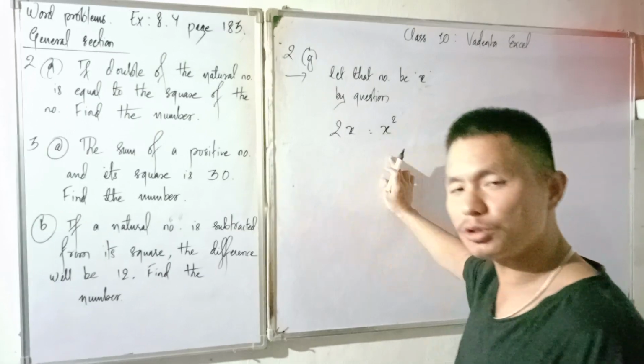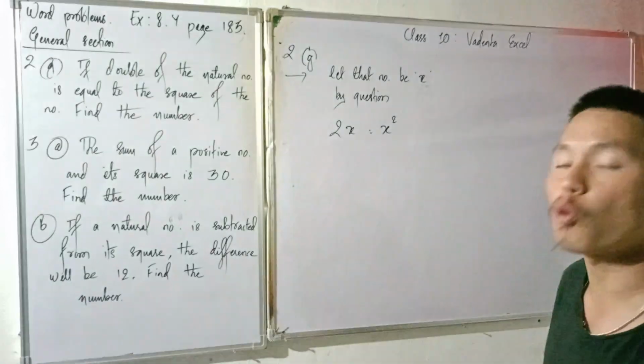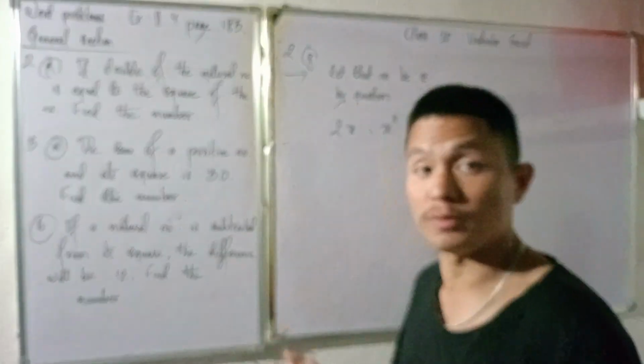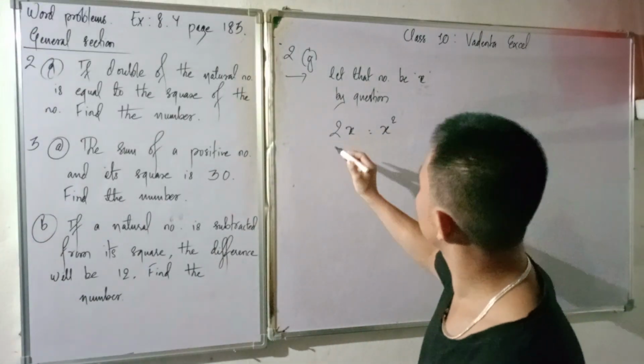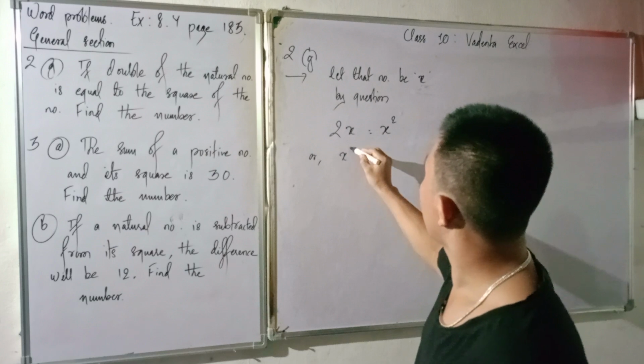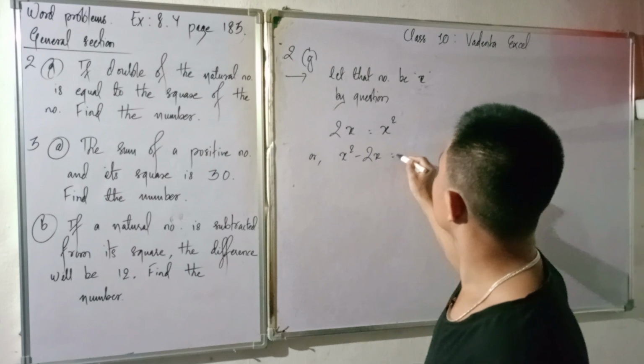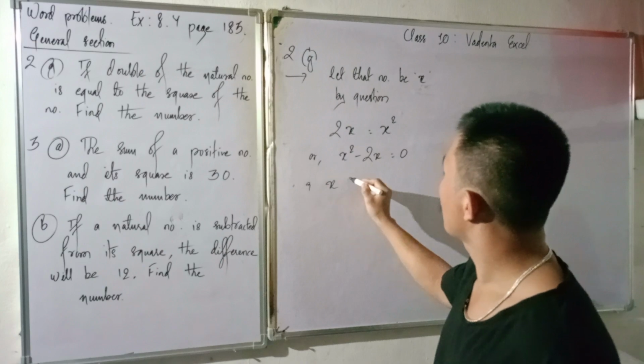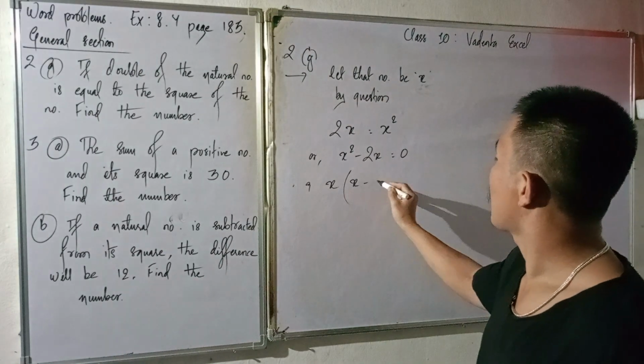A natural number always starts from 1, so there is no zero value. So you can write x squared minus 2x equals 0.